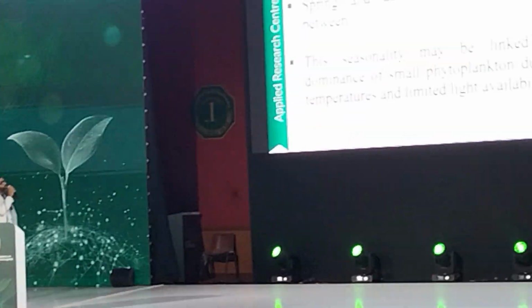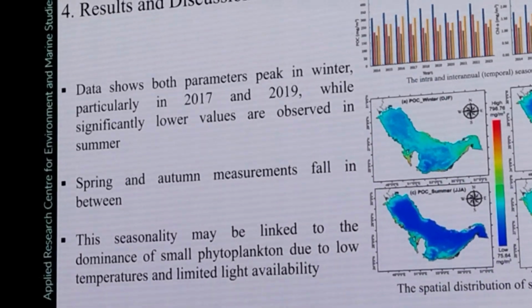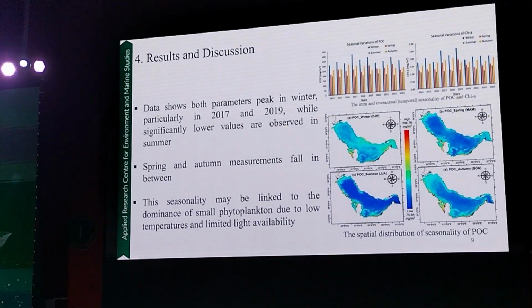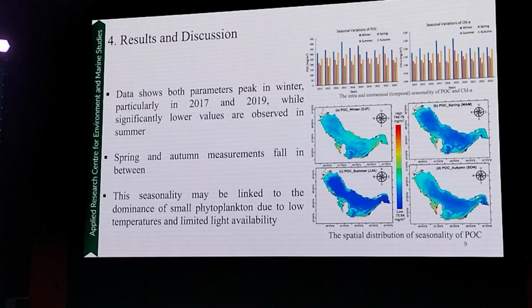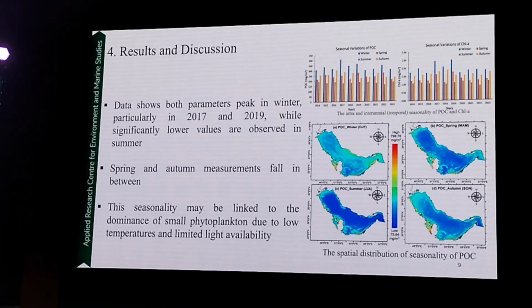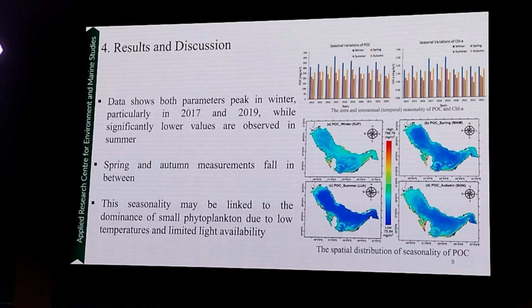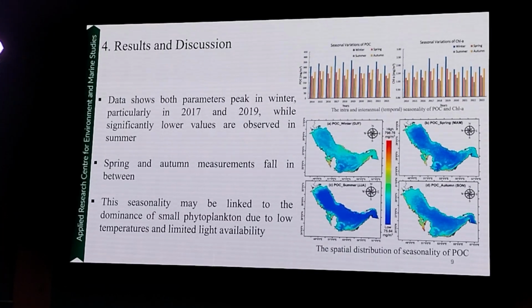At this stage, we look at seasonal variation. Here you can see that in the case of particulate organic carbon and chlorophyll, the high amount was found during the winter, but it is lower in summer, and in spring and autumn we found an intermediate amount.